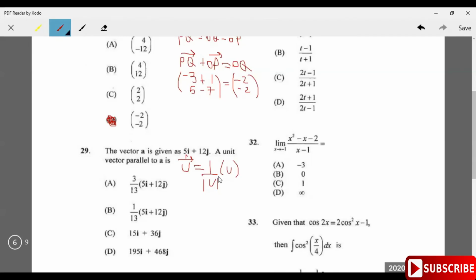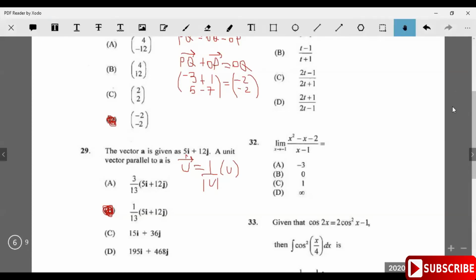There's only one of them in this form, 1 over the modulus of u times vector u. That's B. And so this is a unit vector. Easy, soft. That's question 29.